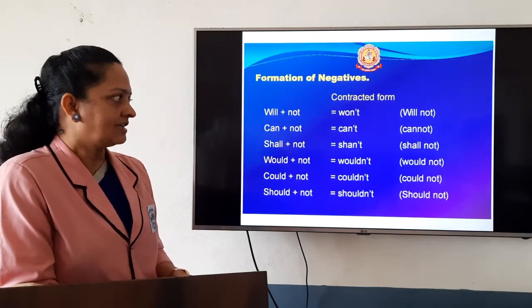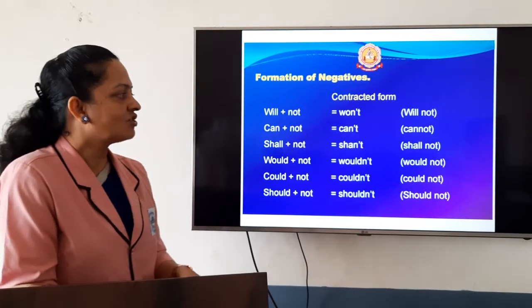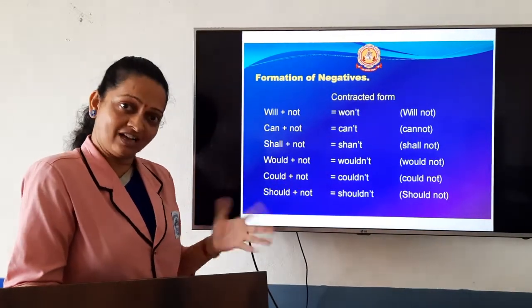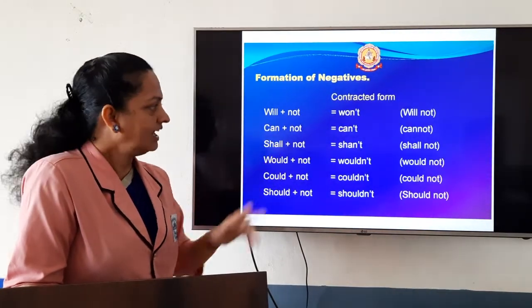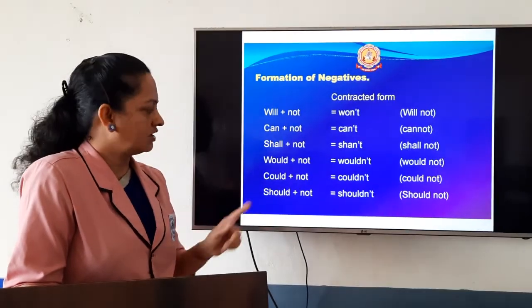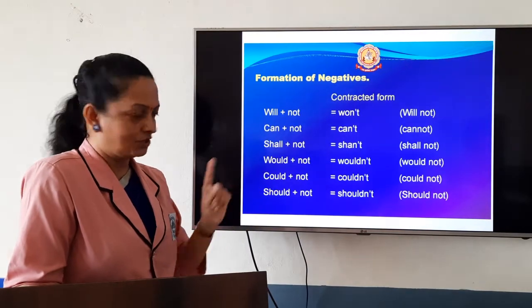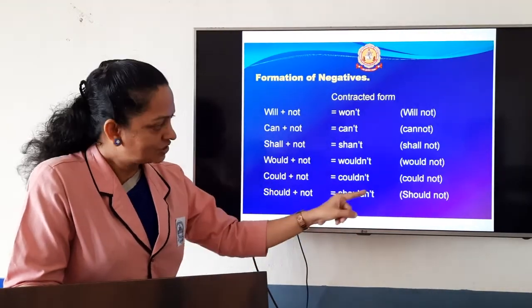Can plus not is can't, that is cannot. Shall plus not is shan't. Remember this? It is not shall or other spelling, S-H-A-N apostrophe T. Shall not. Would plus not is wouldn't, would not. Could plus not is couldn't, could not. Should plus not gives you shouldn't, that is should not.